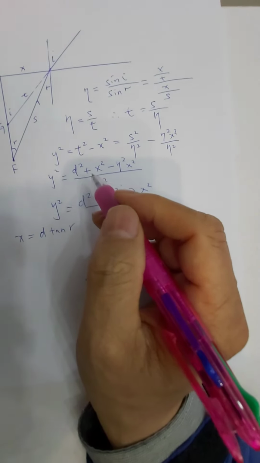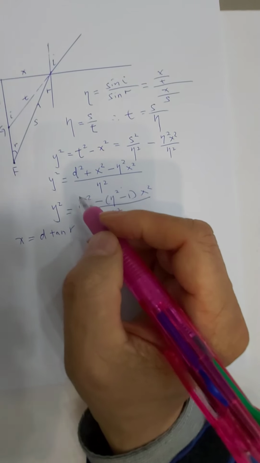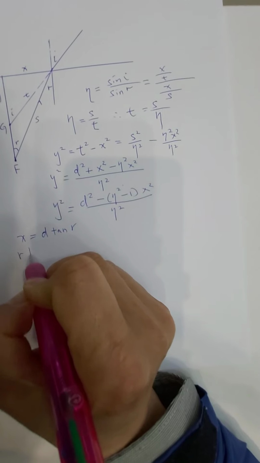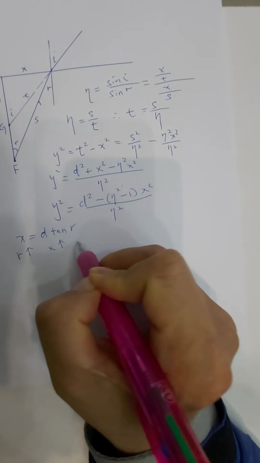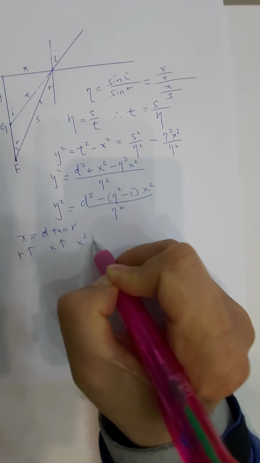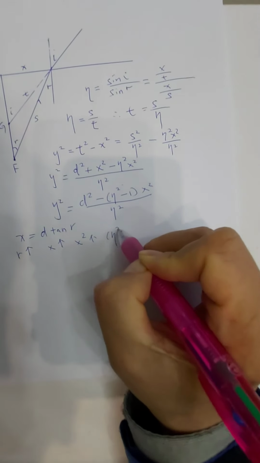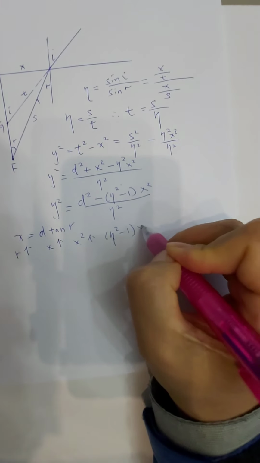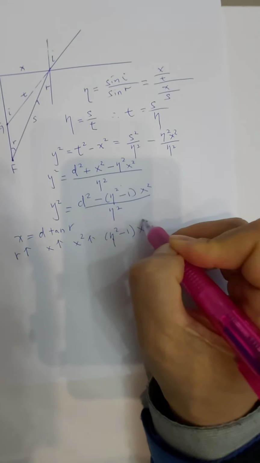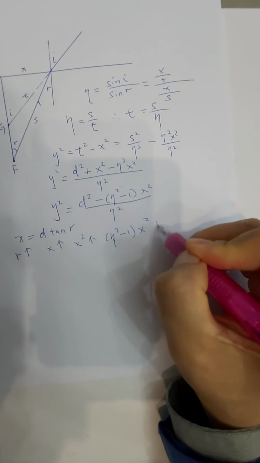Why choose D, not S? Because D is a constant. All right. So as r increases, x increases, x square increases. So eta square minus 1. Now eta is a number greater than 1. Eta square minus 1 times x square increases.